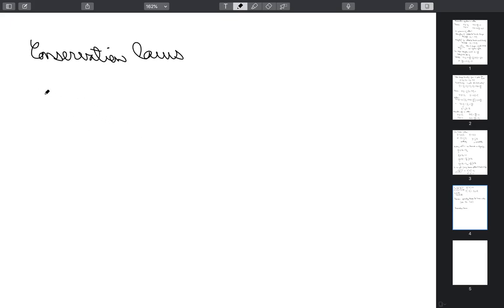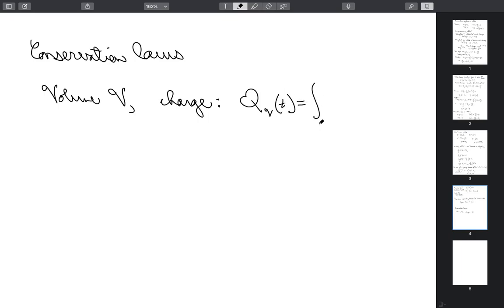So let's say that we have a certain volume V, and the charge that we have in there is just going to be some Q inside this volume V as a function of time, the integral over this volume, d tau, of the charge density at a certain space-time point.